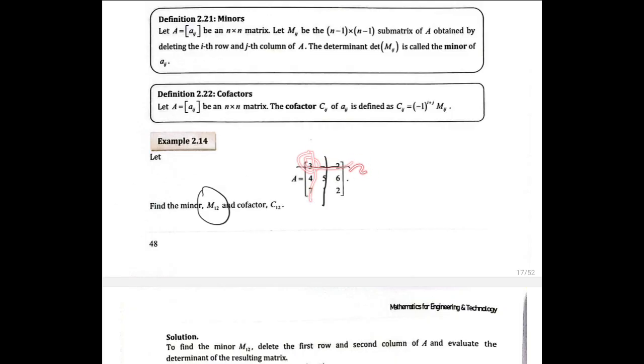So the calculation will be using these elements. If it is, let's say 13, 13 is at this point. So basically, eliminate, and this will be used to calculate for M13 and C13.